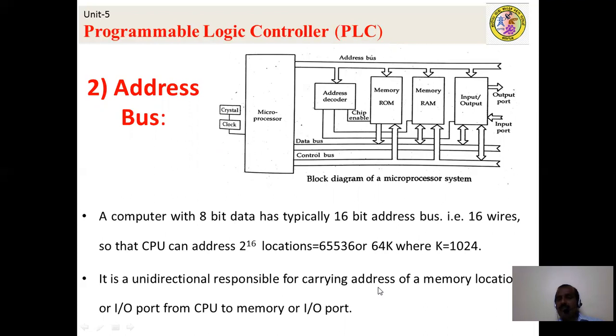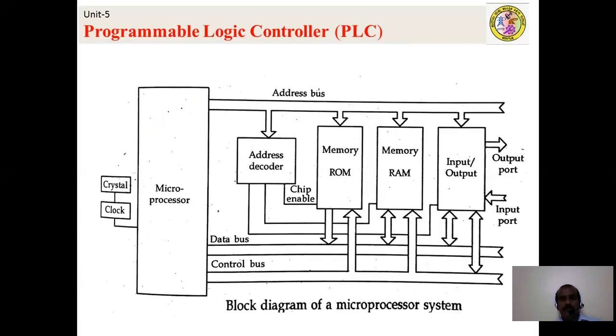It is responsible for carrying addresses of memory locations or input-output ports from the CPU to memory or input-output ports. It carries the address of the particular memory location, and that particular memory location is open to communicate with the microprocessor.